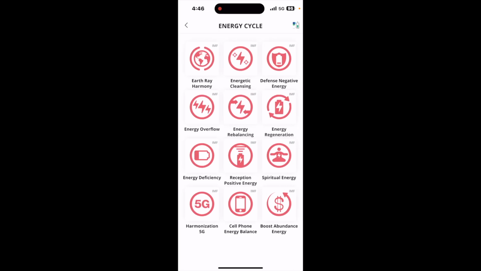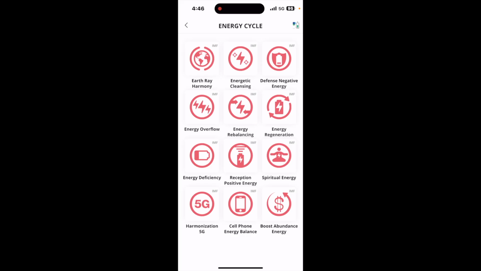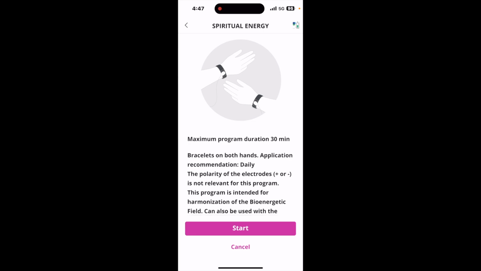Then of course meditation. If you want to do meditation, it can be spiritual energy. Run the spiritual energy while doing breath work, just in a meditative state. Just breathe, 5 seconds in, 5 seconds out, and run the spiritual energy for 30 minutes to just do the relaxation.